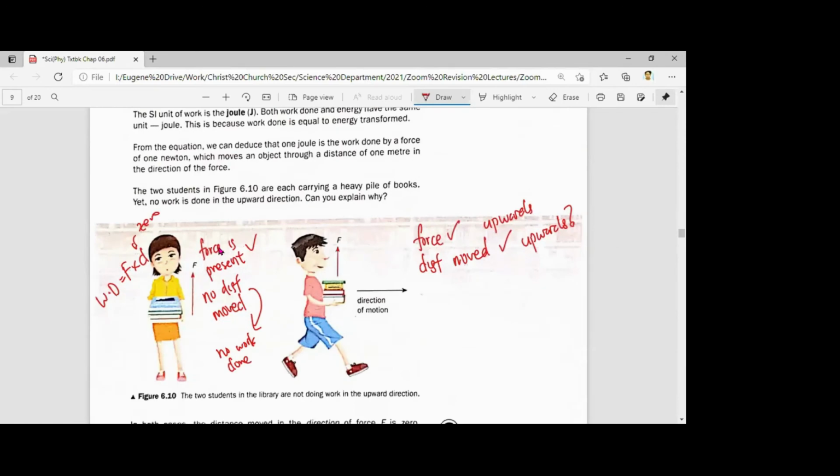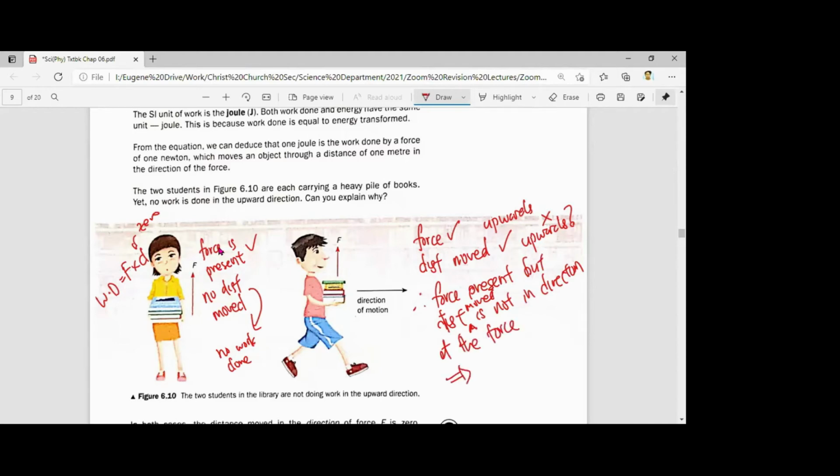Since the force is upwards, but the distance moved is not upwards, although a force is present, the distance is not in the direction of the force.